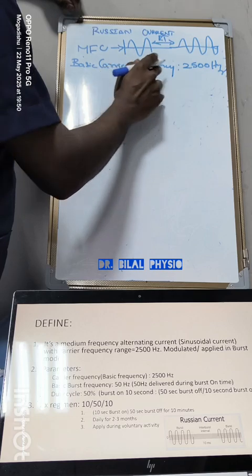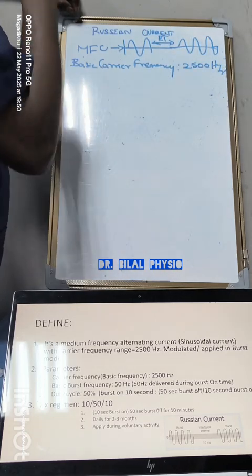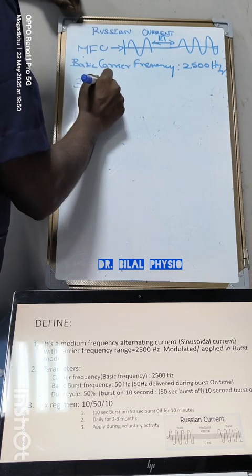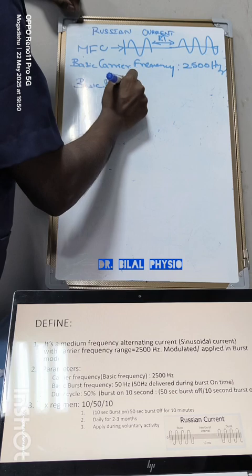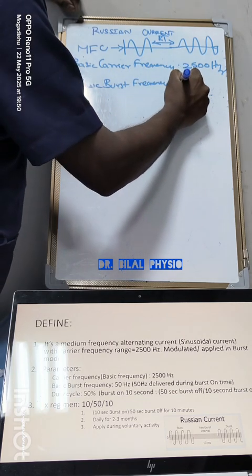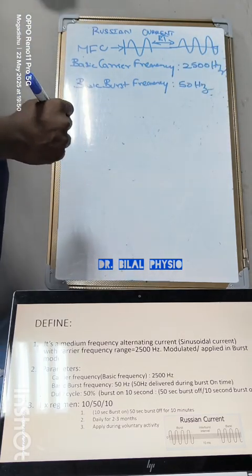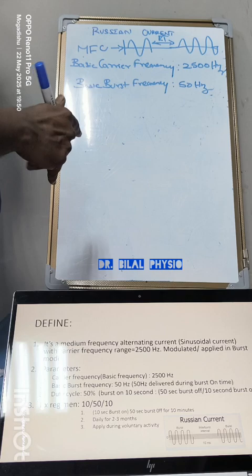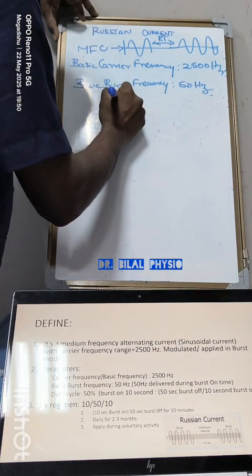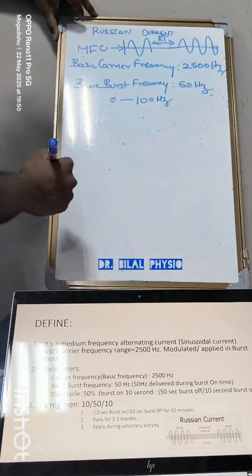It has a basic carrier frequency starting from 2500 Hz and a basic burst frequency of 50 Hz. Normally all the modalities we buy or purchase nowadays will have a burst frequency range from 0 to 100 Hz.